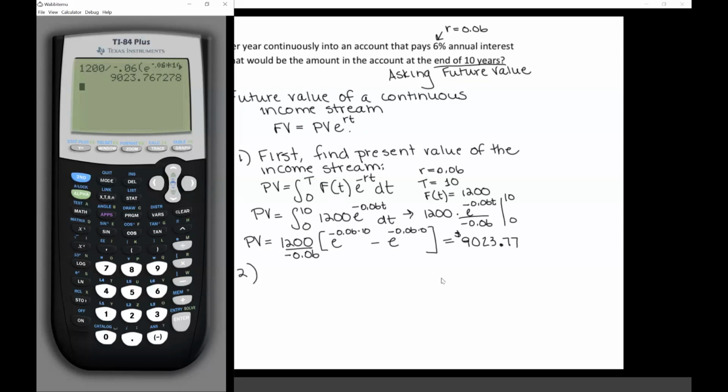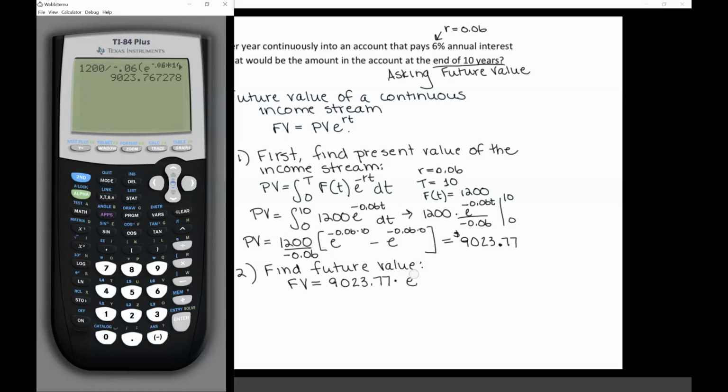And now I can find the future value, using the future value formula from up here. I'm going to put in my PV and then multiply that by e to the, oh, this is positive now, e to the 0.06 t.